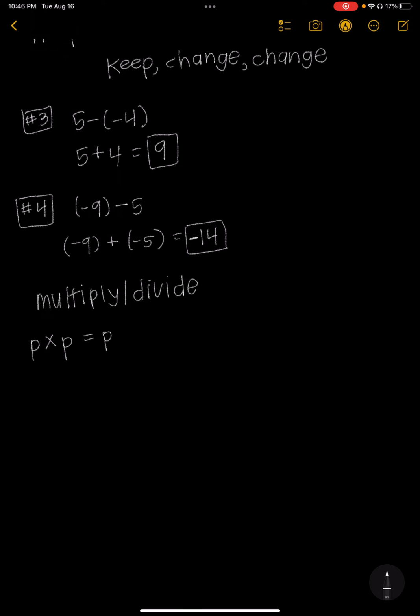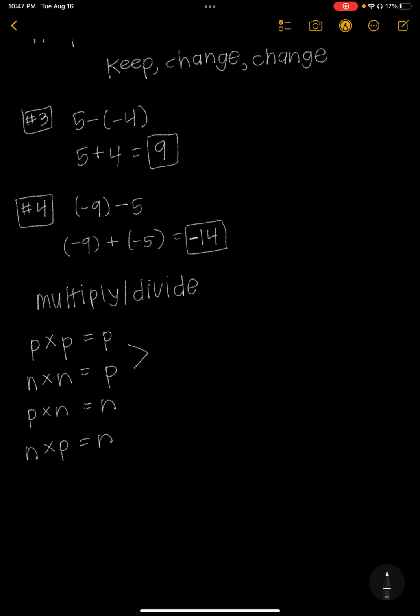Now, all of these rules, I could switch the times to a divide and they would still work. If I have a negative times a negative, that is also positive. If I have a positive times a negative, it is a negative. If I have a negative times a positive, it is a negative.